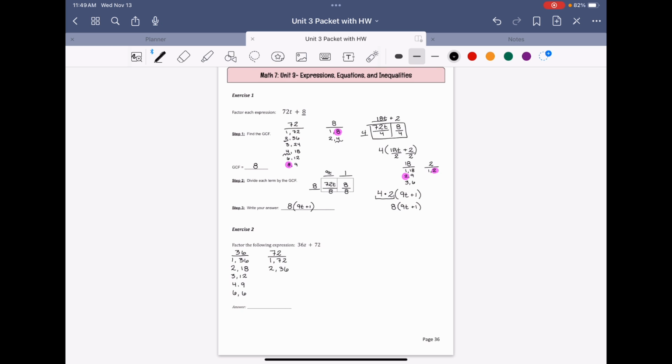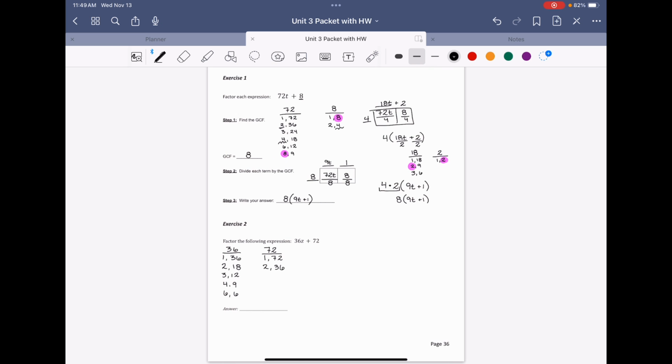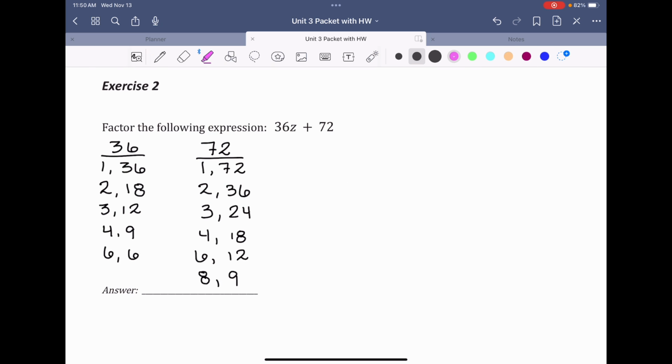And I already have all of my other ones up there, so I'm just going to repeat them. 3, 24, 4, 18, 6, 12, 8, 9. My greatest common factor is 36.